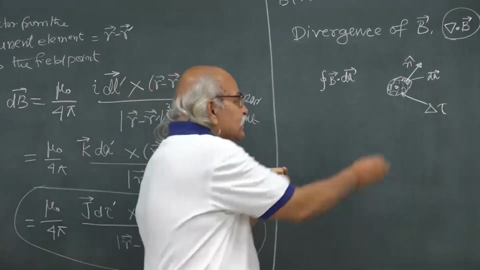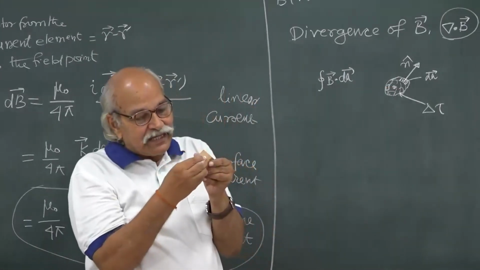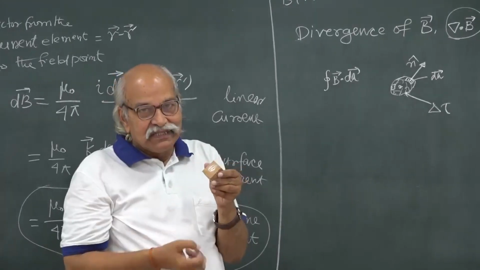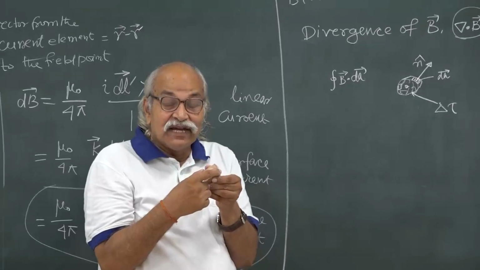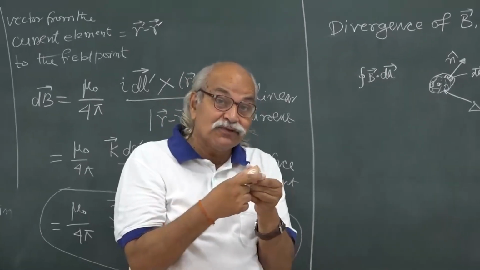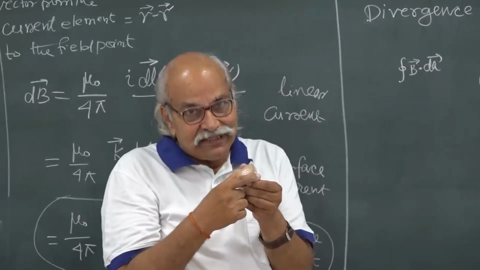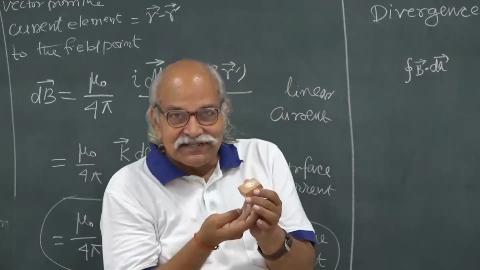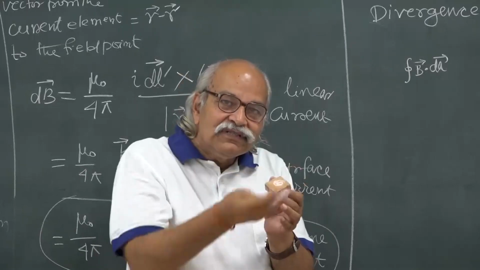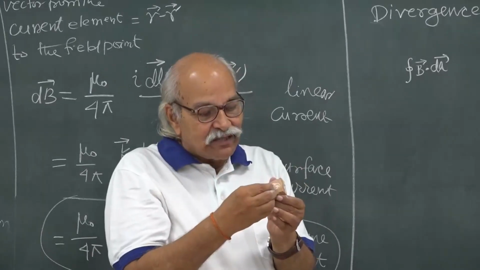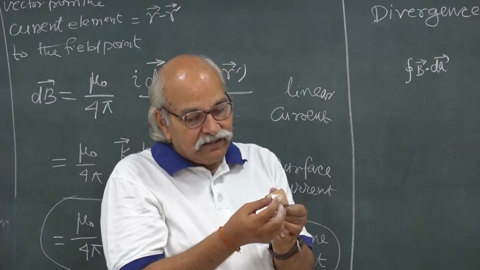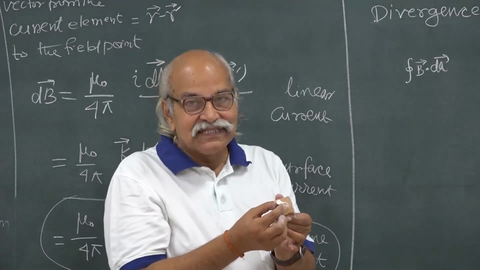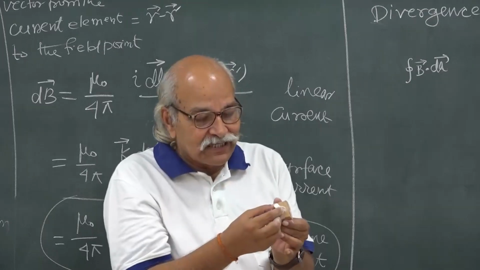On this surface you take a small part, remember this whole volume is very small, we are going to take the limit when the volume goes to 0, but even then if it is a volume you will have a surface on this side and that side. So, on this surface you take a small part and then draw a normal perpendicular to this surface in the outward direction, so this way.